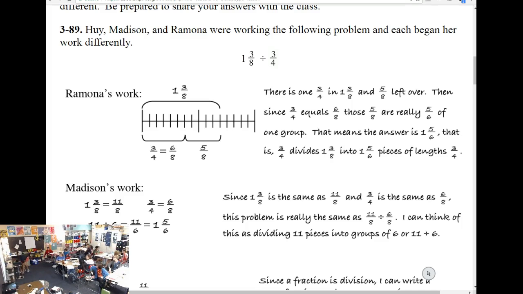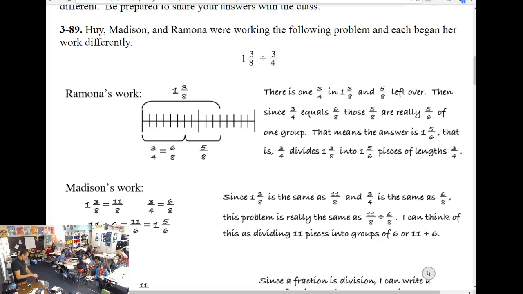All right. What do you mean order by color? I didn't know there was an order of colors. Okay, we have 1 and 3/8, right? 1 and 3/8.